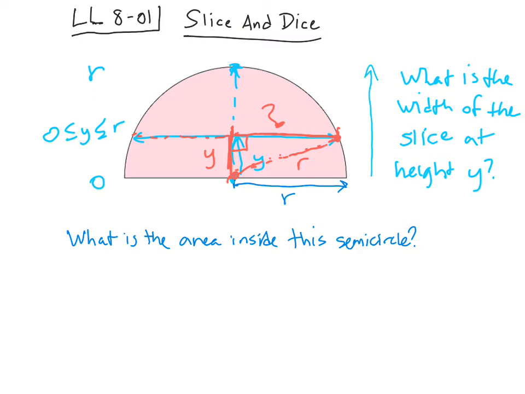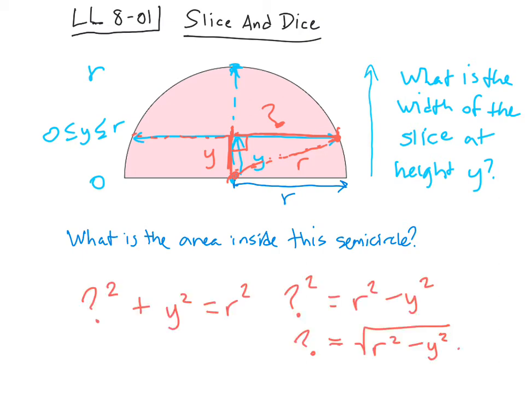So I know that that width squared plus y squared should equal r squared. So that width squared is going to equal r squared minus y squared, and therefore the width itself is going to equal the square root of r squared minus y squared.